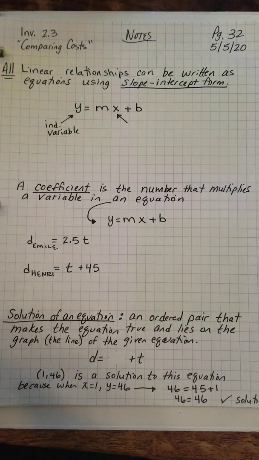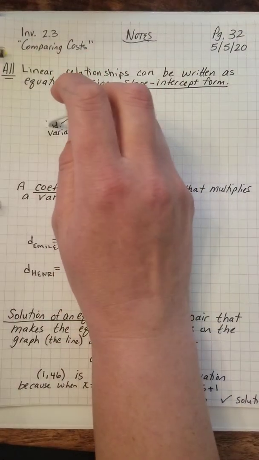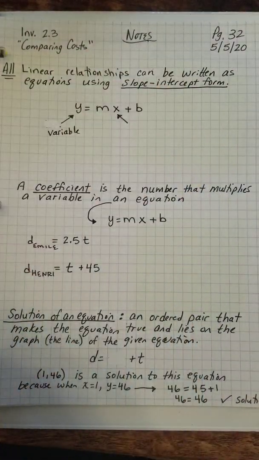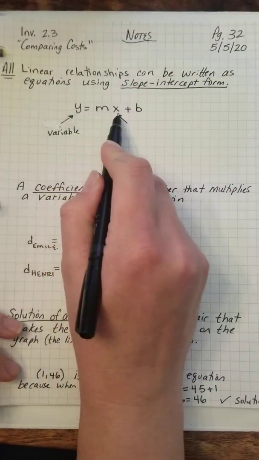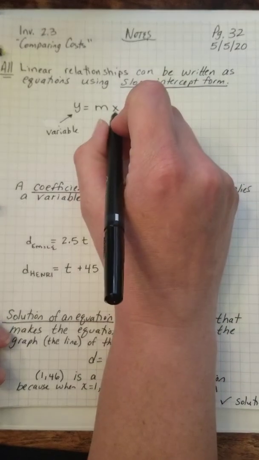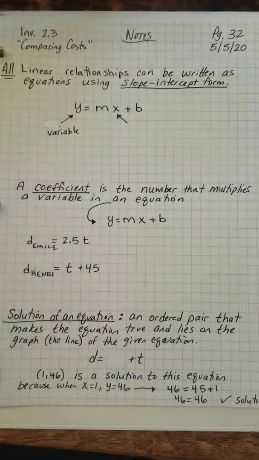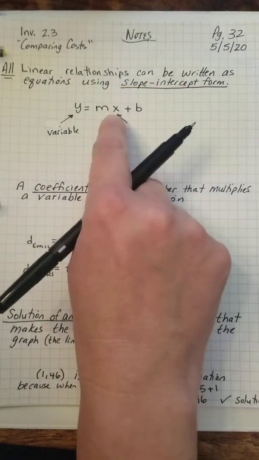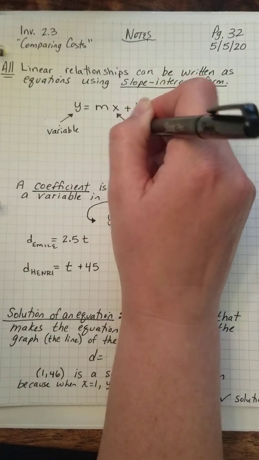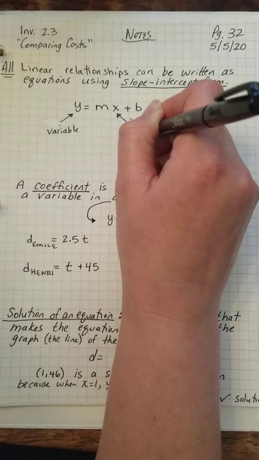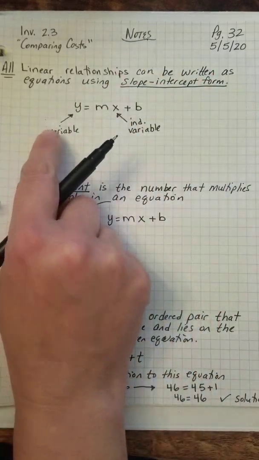The y is my dependent variable. Sorry about that. So x and y are variables, which means that these letters will stay there in this form. There could be all types of numbers that are attached to it. X is my independent variable. I'm just going to wait for that to dry.